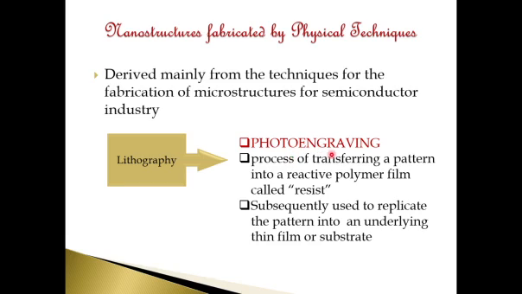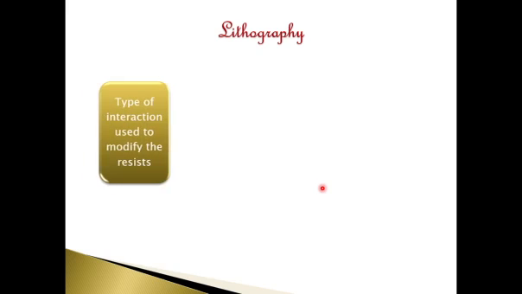So photo engraving means we are engraving with the help of light. So subsequently, this can be used to replicate the pattern into the substrate. So that is how the technique was involved in the semiconductor industry also.